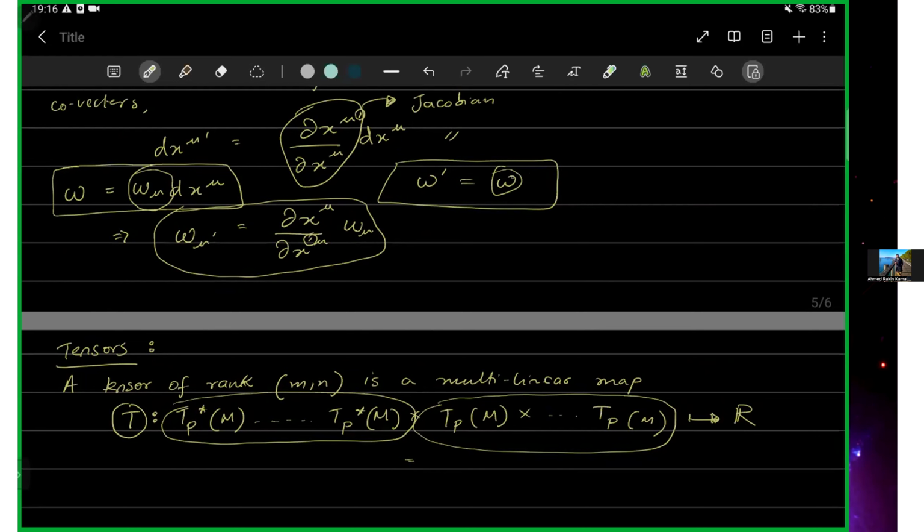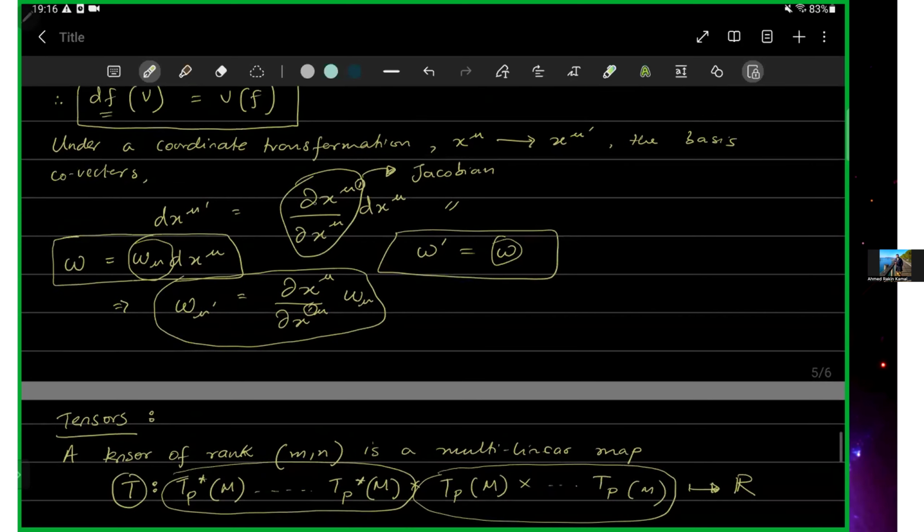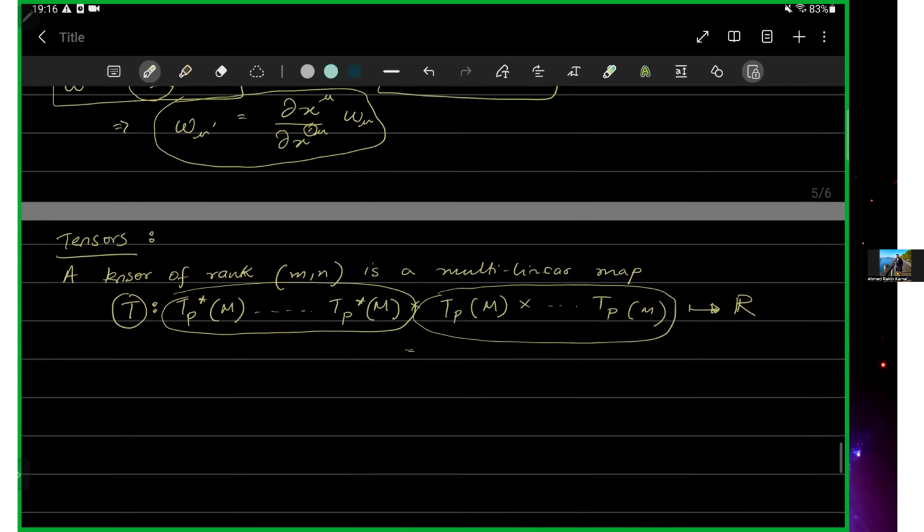So if these covectors remain invariant, that means their components should also transform in the same way, in fact, in the inverse Jacobian perspective, as the covectors or the basis covectors change. So in that case, when you write the covector in this following way, you would still get omega prime equals to omega, leaving it invariant. That is what I was talking about.